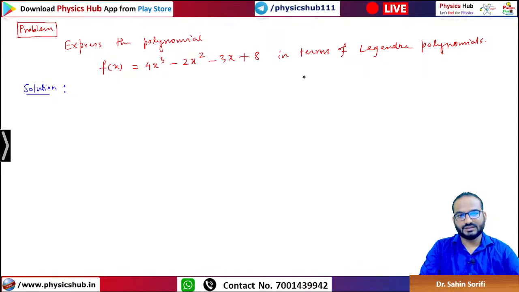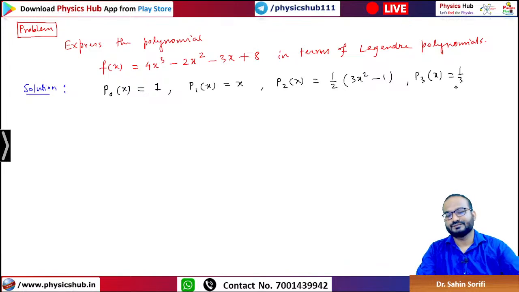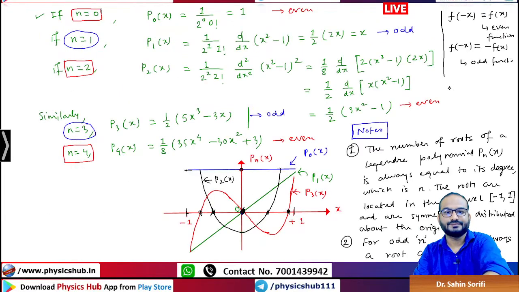Let me just write the values for you so that you understand it more clearly. p0x is 1, p1x is x, p2 of x is half times 3x square minus 1, p3x is half times 5x cube minus 3x.